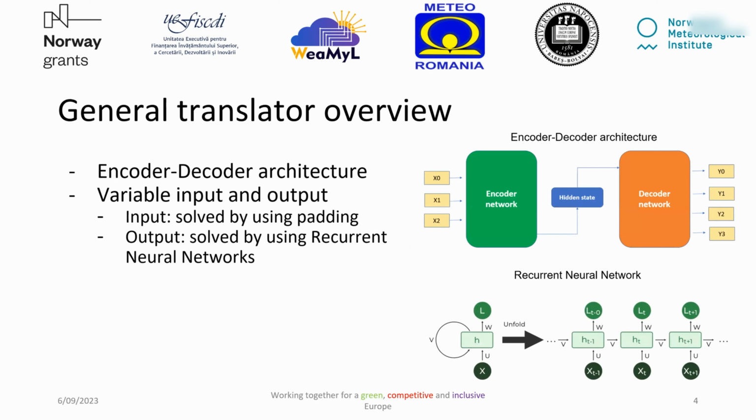And then that understanding needs to be converted into the target language. On the top right of the screen, you can actually see this architecture, which has the input x0 to x2, which is encoded in this network, after which the model does some computation inside this hidden state, after which the result is decoded, and we can see it as an output y0 to y3.